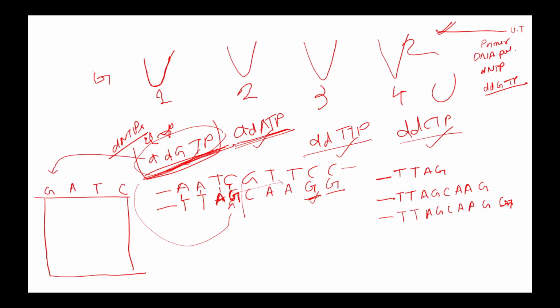Okay, so if this is the band pattern you are given, according to size, this is the small size, and here the larger fragment will come, and the readout you will do from the bottom, because that will be the first nucleotide that is present in the DNA. That is why the shortest fragment is the one synthesized first.